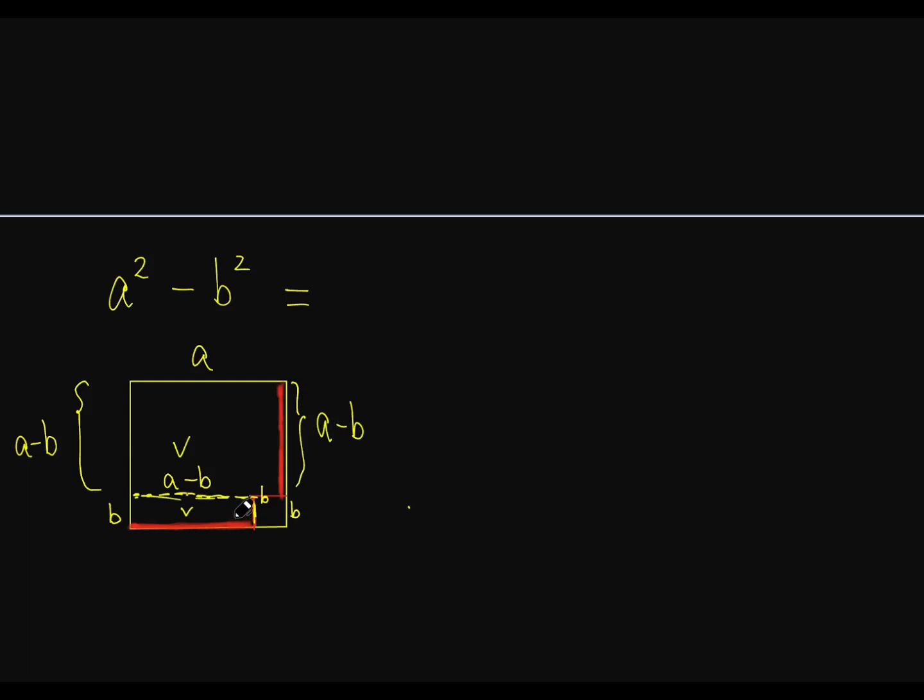Then how are we going to reorganize this diagram to get the factorized form? Because this bottom side and this side are the same, and we have already cut off this small square, I'm going to relocate this rectangle to the right of the remaining area.